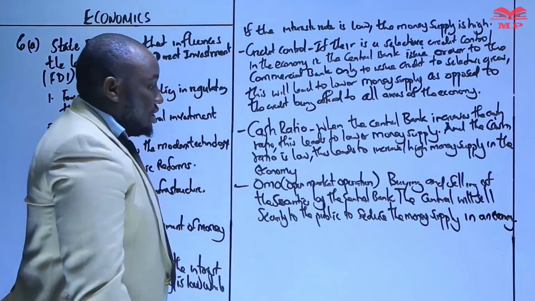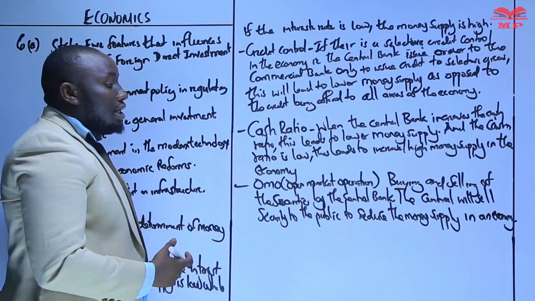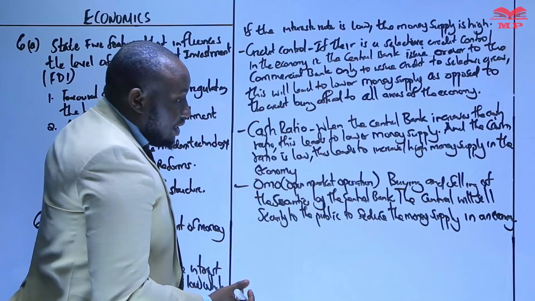So selling of securities to the public by the central bank will definitely reduce the supply of money.